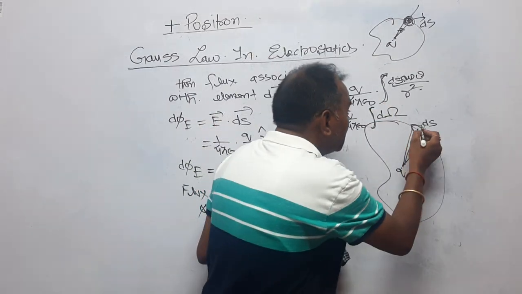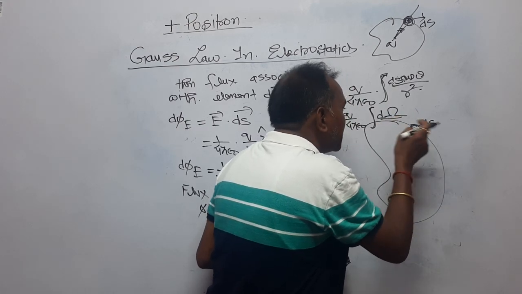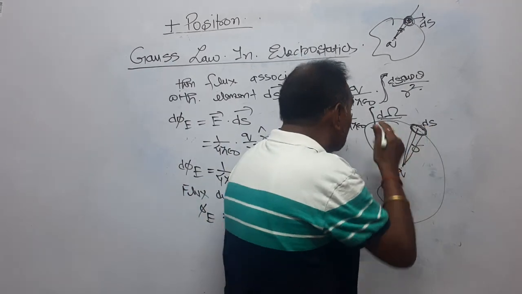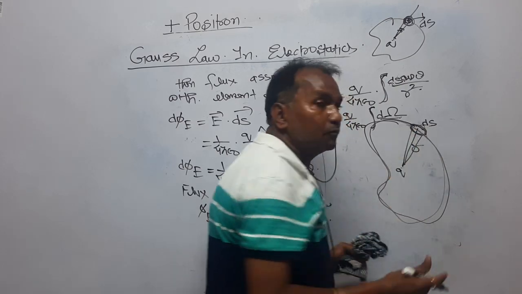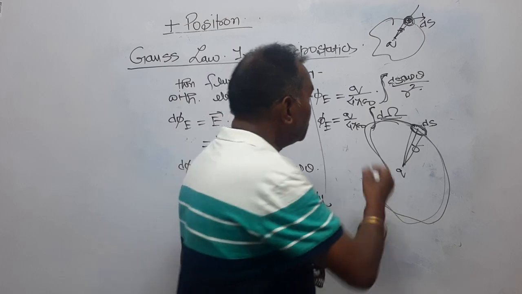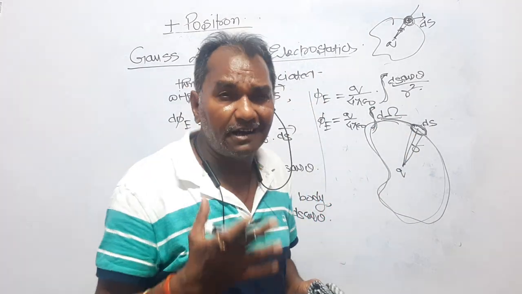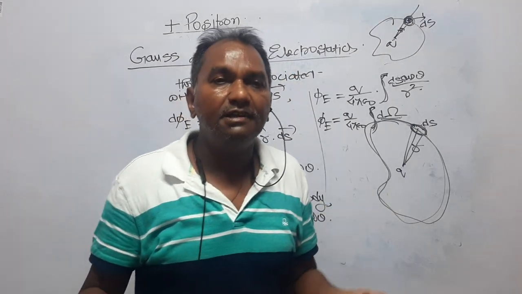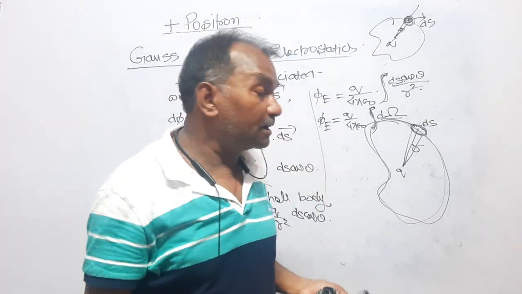If this small element ds is subtending a solid angle d omega at q, then the integral means what solid angle the whole body is going to subtend at charge q. And dear student, in 3D, you know that the whole body makes an angle 4 pi at any point.